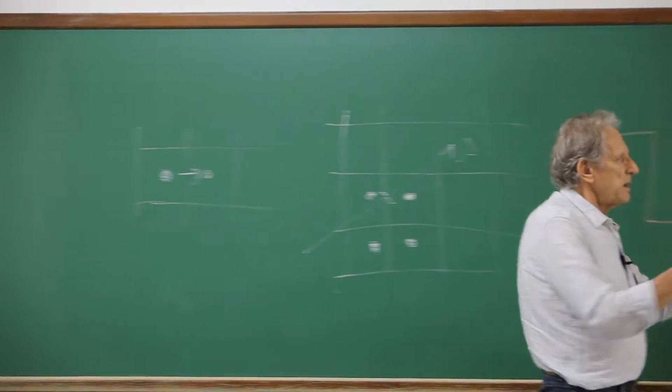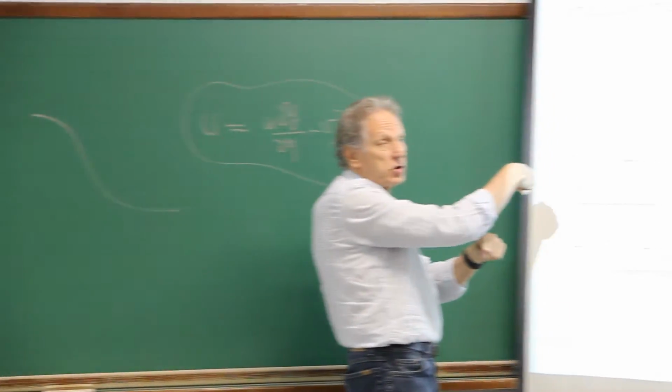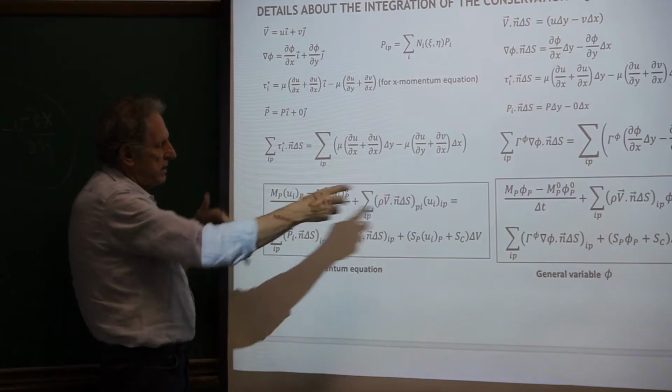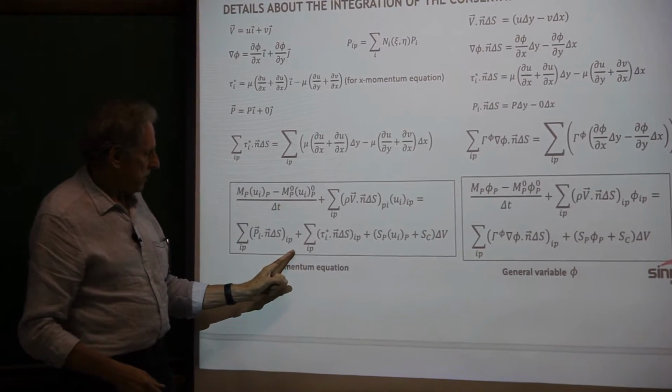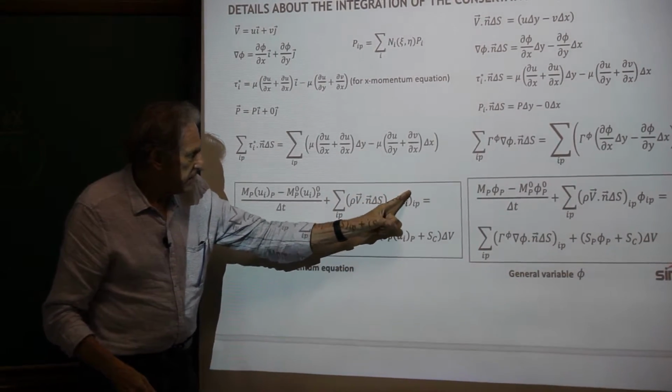And now you can compact this using the previous notation. But what you have to do now is, I'm showing the next slide.